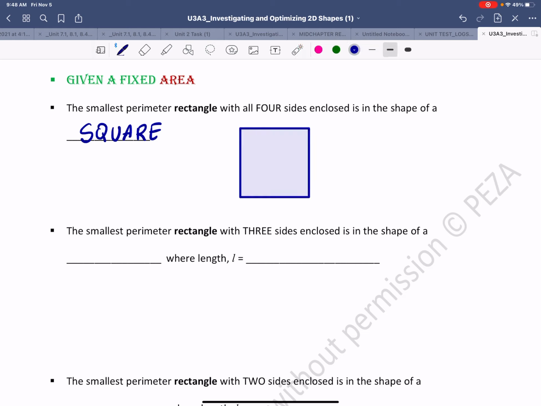So in a square, we know that length and width will all be equal to each other. Now the smallest perimeter rectangle with three sides enclosed will be in the shape of a rectangle where the length would equal twice the W. And again, we have the same scenario that we mentioned before.